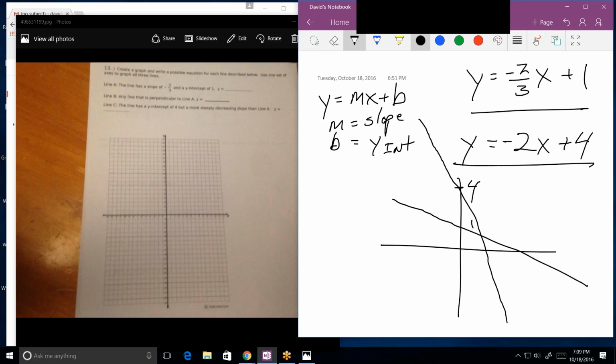It's a number greater than 1. All I have to do to get a greater decreasing slope is to increase the size of that number. I could have even made it just 1, and it would still have been decreasing and steeper than the first one.